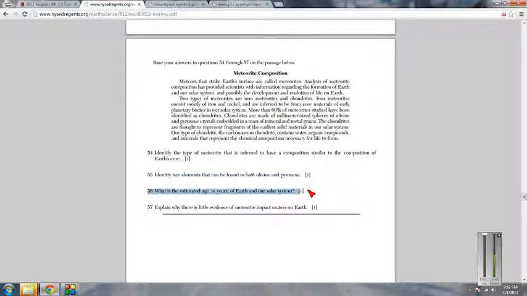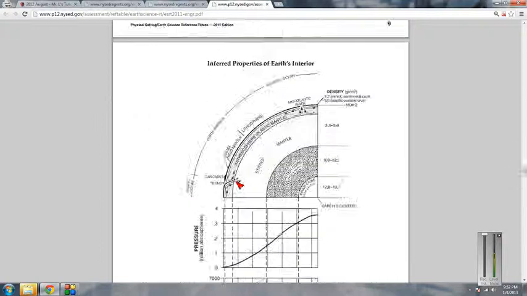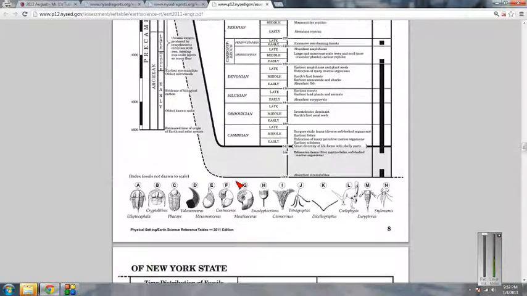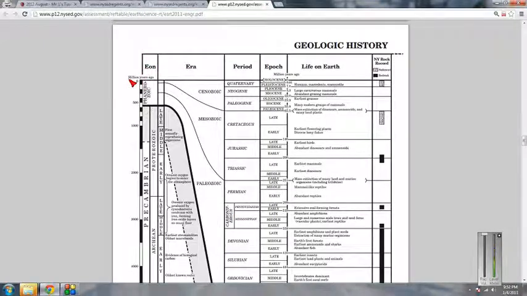56. What is the estimated age in years of Earth and our solar system? This is something that I hope a lot of you know. The Earth is 4.6 billion years old, but if you're unsure of it, again, we can use our wonderful Earth Science Reference Table. One of the things that's hard about this is that you see over here it tells you the millions of years in age, right?